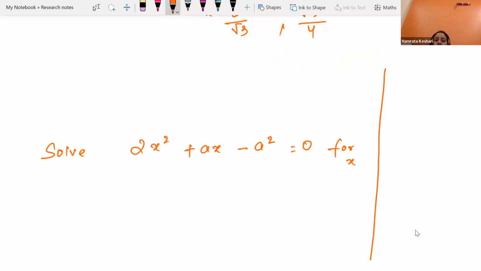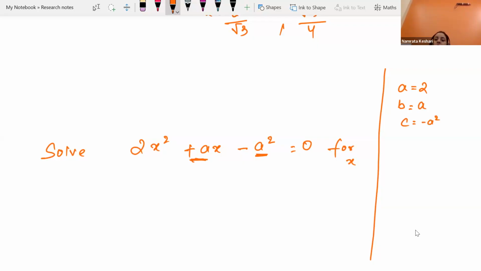So A is 2, B is, Zoha? B is plus a, whatever is multiplied with x, that is B, right? Yes, sorry, it's plus a and C is minus a square. Okay, so this is what we are getting.